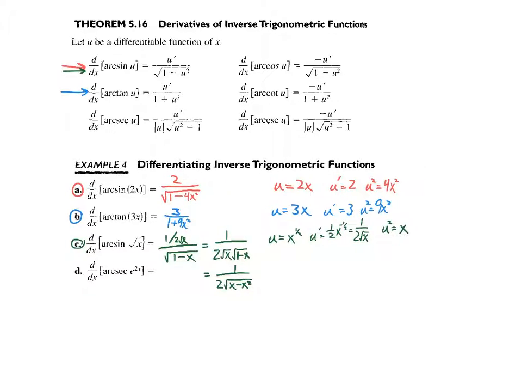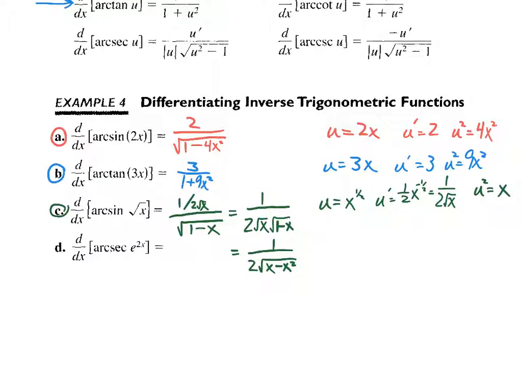And then finally, our last example, arc secant of e to the 2x. Okay? So let's think through this one. u would equal what in this case? E to the 2x. Yeah, everything inside that arc function is going to be the u.